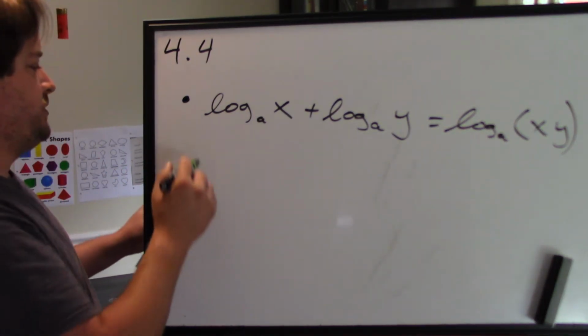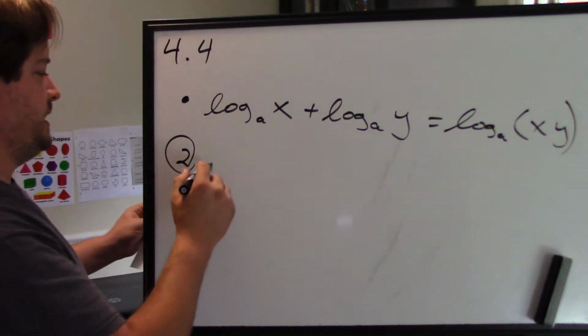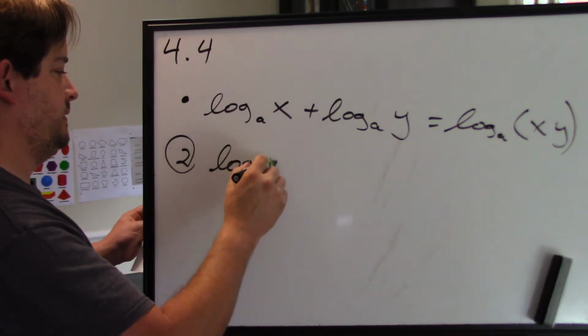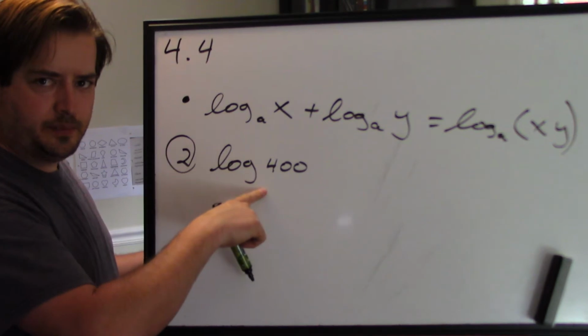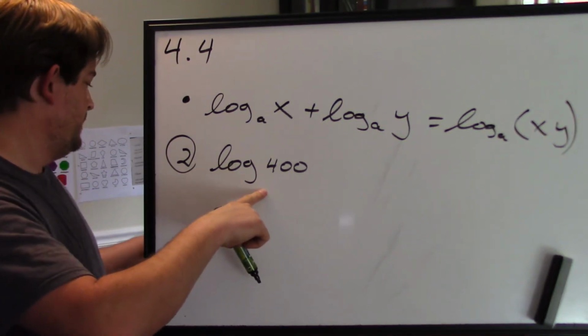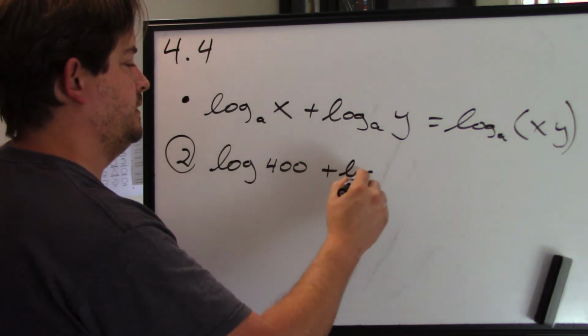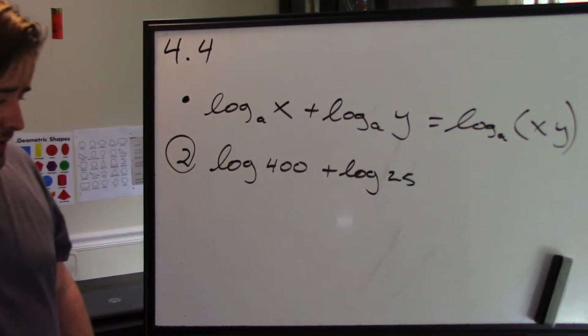Now you'll use that to solve number 2. Number 2 says take the log of 400. There's not a base written here, so we should know that that's base 10 if it's not written. Plus the log of 25, and we're supposed to evaluate this.